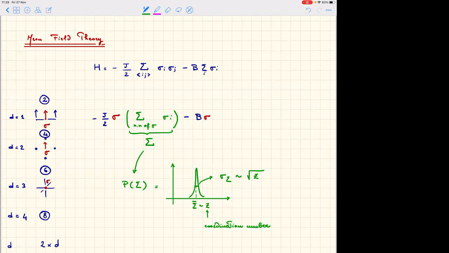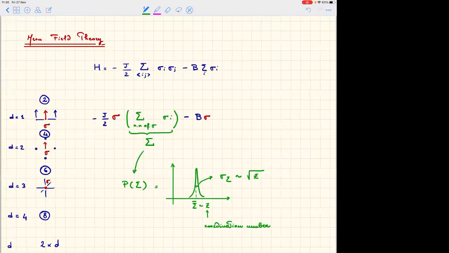What we have here is roughly a sum of identically distributed variables. And therefore, we expect that their sum is going to have a probability distribution that is strongly peaked around the average, with fluctuations that scale like the square root of the number of terms in the sum, which is z in this case. Okay? So this is the logic. Let us now see where this logic takes us.